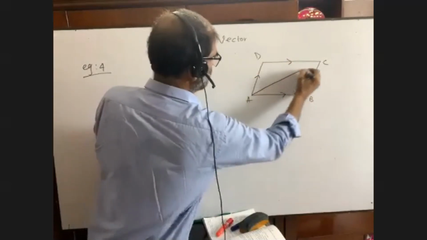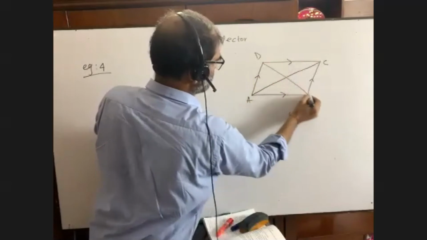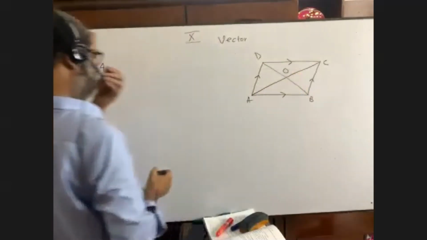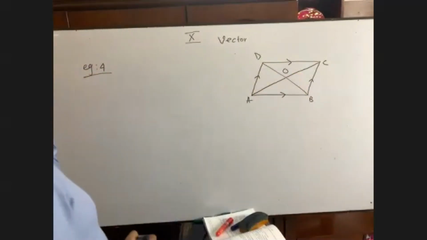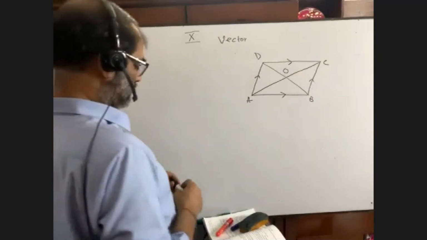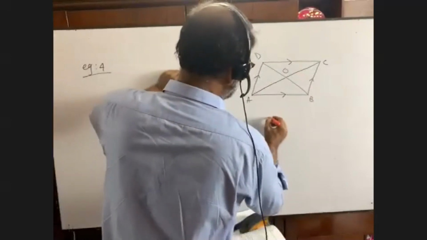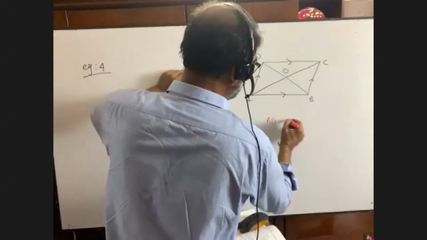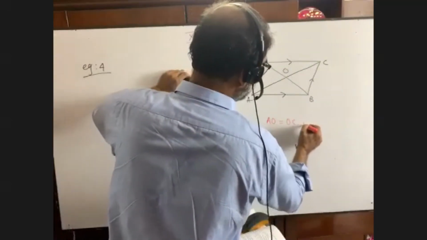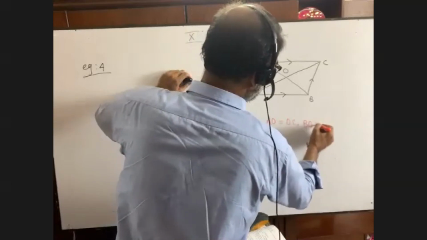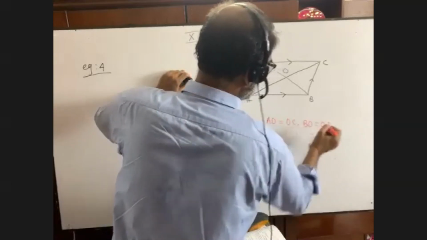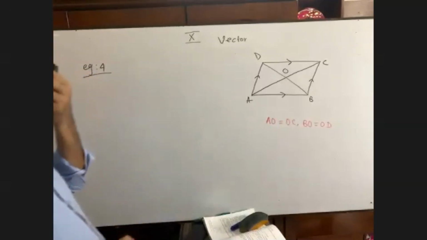And the diagonals AC and BD, they intersect at the point O. We have to prove that AO equals to OC. With the help of vectors, we have to prove that AO equals to OC and BO equals to OD. Is it okay to all?